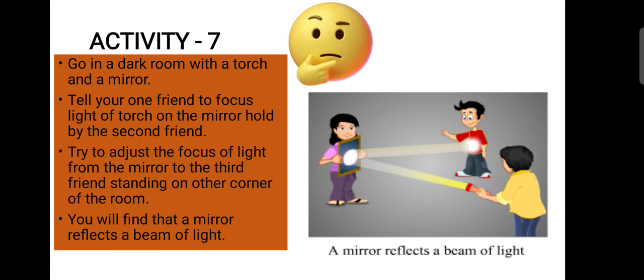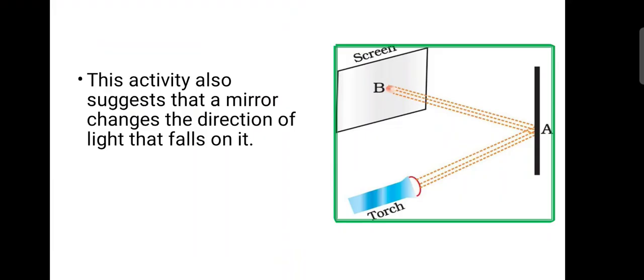We have also seen through this activity how the direction of light can be changed. The light is bounced from the surface of a mirror. This activity also suggests that a mirror changes the direction of light that falls on it.